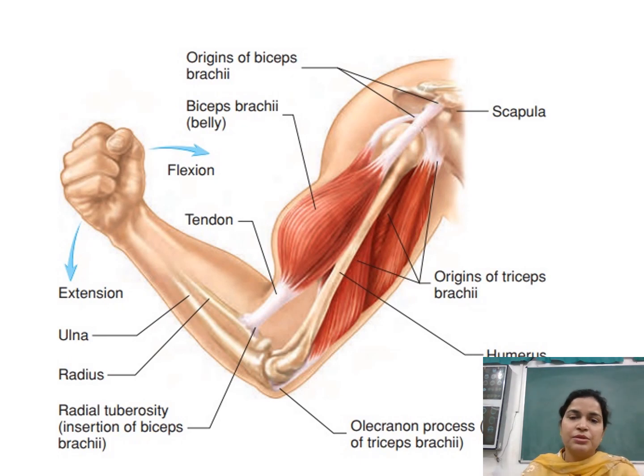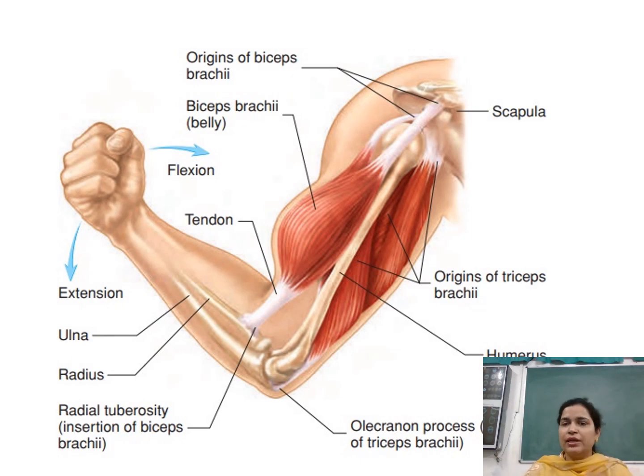To describe the terminology, we studied in 12th class that bi means two and ceps means heads, so the muscle having two heads of origin is called biceps. If there are three heads of origin, it is called triceps, where tri means three and ceps means heads. So here the origins are described.